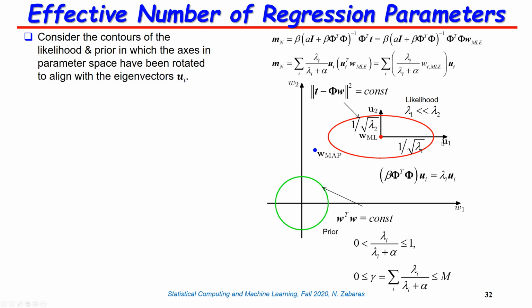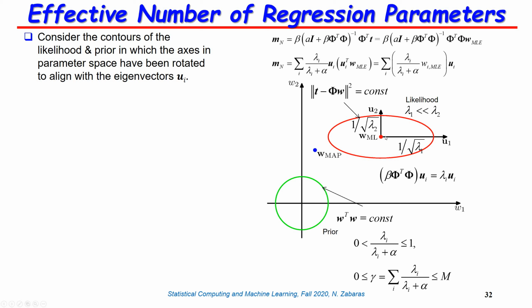So this is the direction in which the likelihood function is insensitive to the parameter value, and the parameter value is being set to a very small number by the prior, and that small number I'm taking to be very close to 0. So when I say this is set to 0, I mean to a very small number.